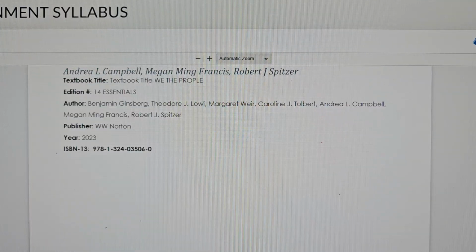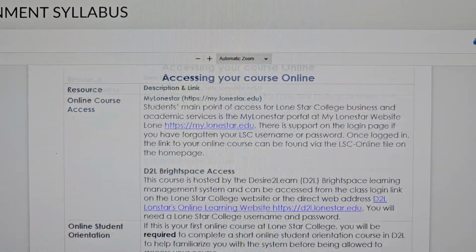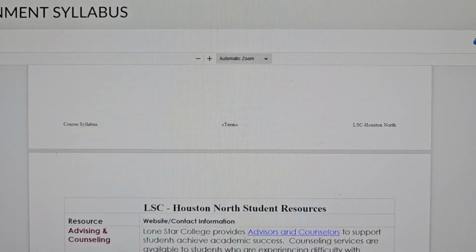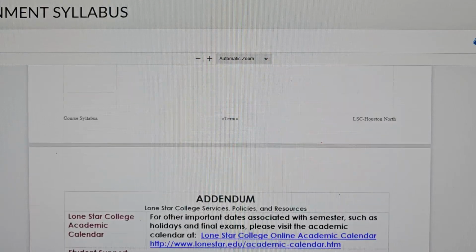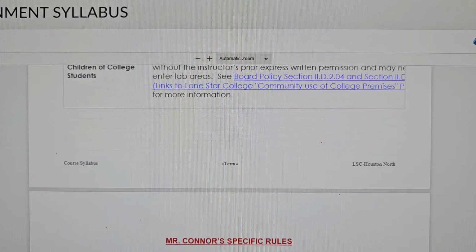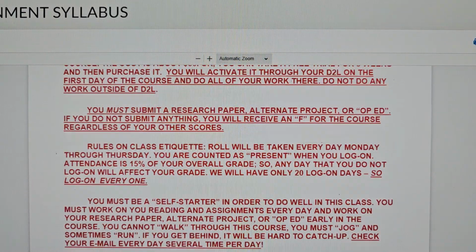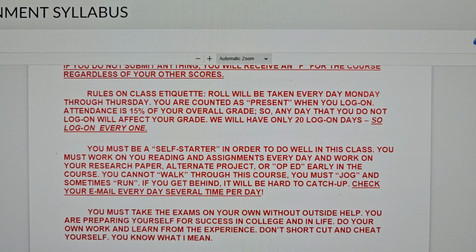Okay, so here's your syllabus, and you look through this and it tells the whole story of the course, and how your grades are figured, and my particular rules. Oh, there they are. You can work together on your coursework, on your inquisitives or your ebook.